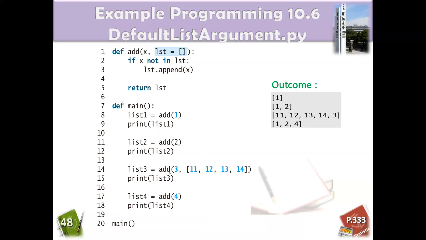And then if we use add 3, and we directly give the list 11, 12, 13, 14, then actually it will become 11, 12, 13, 14, and 3 will be appended here because it's a default value, just like the default arguments we previously mentioned.